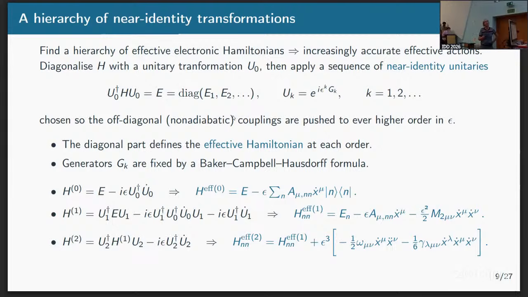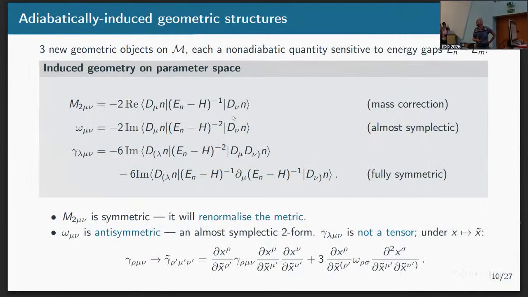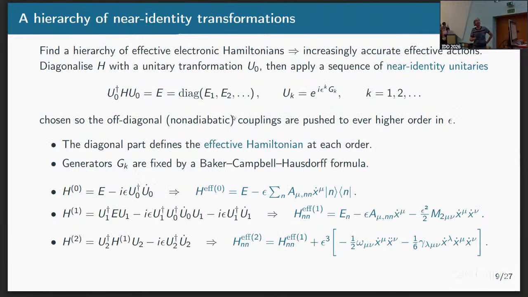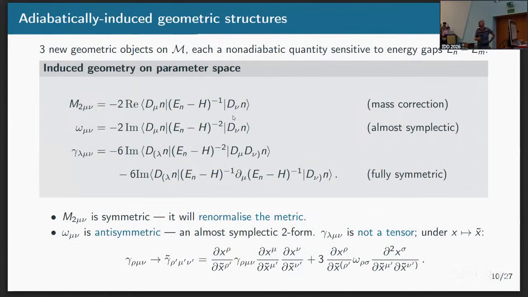And what's the most interesting part, in the cubic order, you will get a new correction. You will get an effective Hamiltonian that depends on acceleration, not only on the velocity anymore, now on acceleration. This is just what we obtain. So what we've seen here, as I told you in the beginning, is the gauge potential, renormalization of the mass or the metric, and then this new structure appearing in the cubic order.